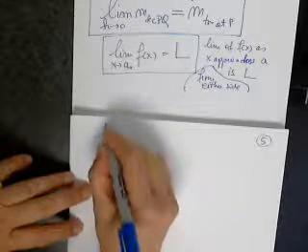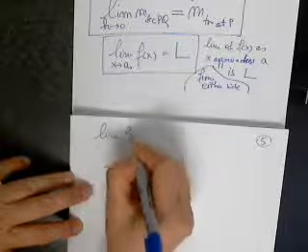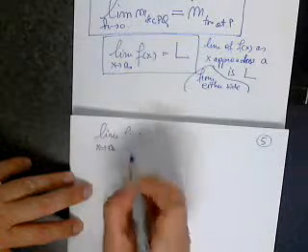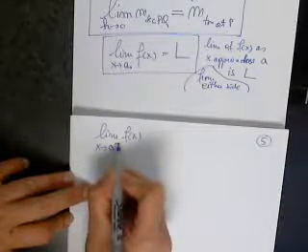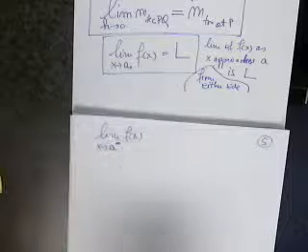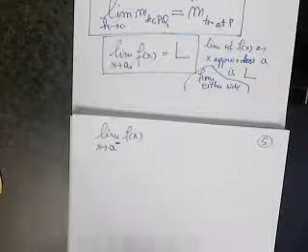Okay, here's another one. Limit of f of x as x approaches a, and it's like an exponent but just minus, which means with values smaller than a.